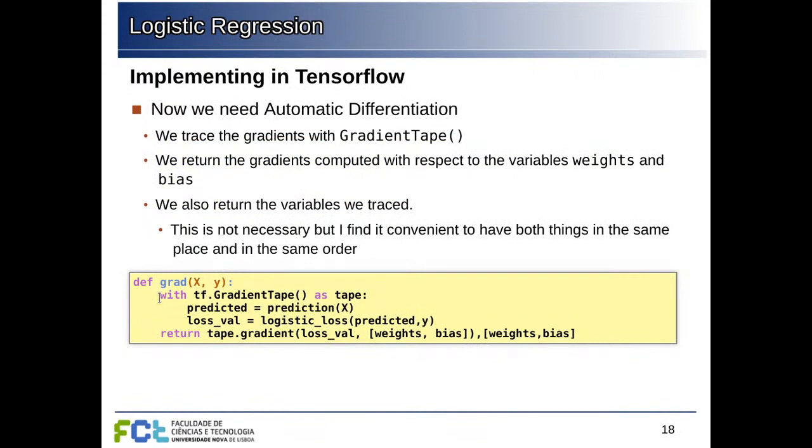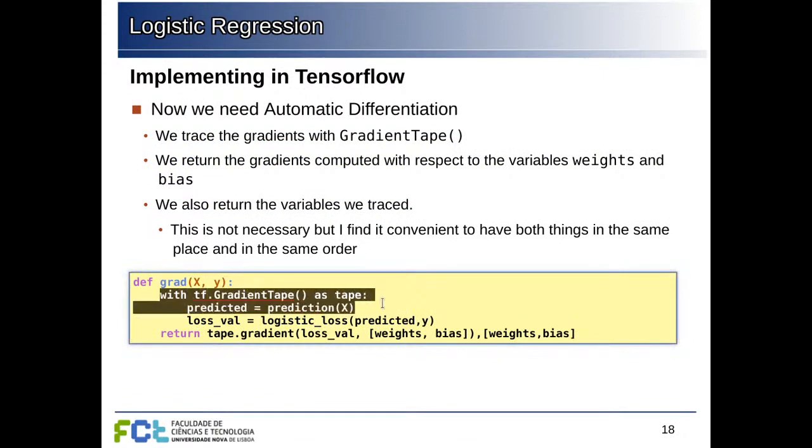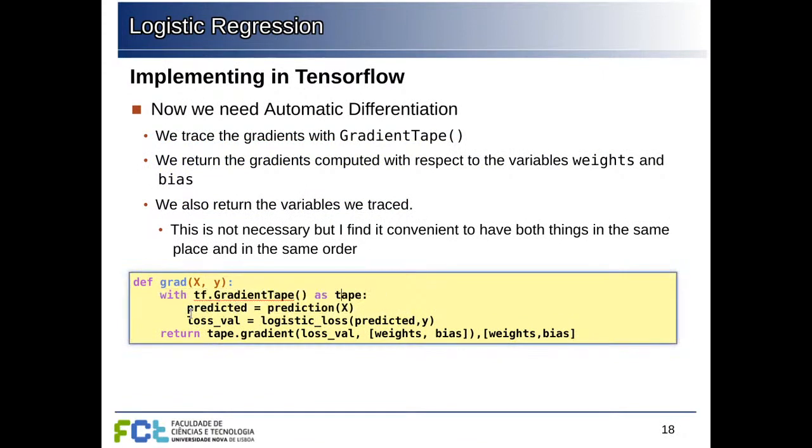So what we do is, inside the context of the gradient tape, we do the complete computation. We start by computing the prediction for the batch of examples we have. Then we compute the value of the loss function by comparing that prediction to the target labels.